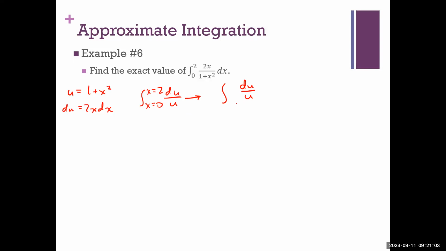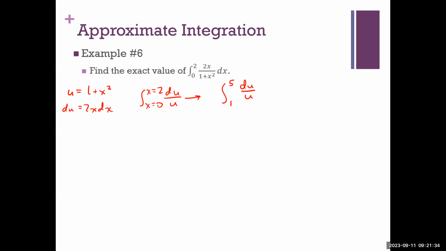What are the bounds going to be? 1 and 5? How'd you get 1 and 5? You plugged in the previous bounds in terms of x. So we have a formula that translates x to u that helped us transform the integrand into u form, but now we can also use that to get new bounds. So now we're integrating du over u from the bounds of 1 to 5.